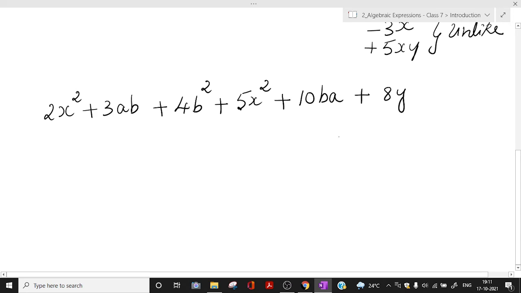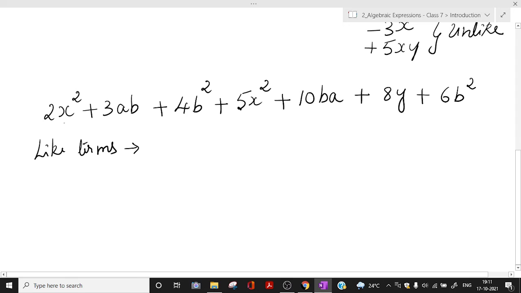And then I will also write one more term, let me put it as 6b square. So which are the like terms in this particular expression?